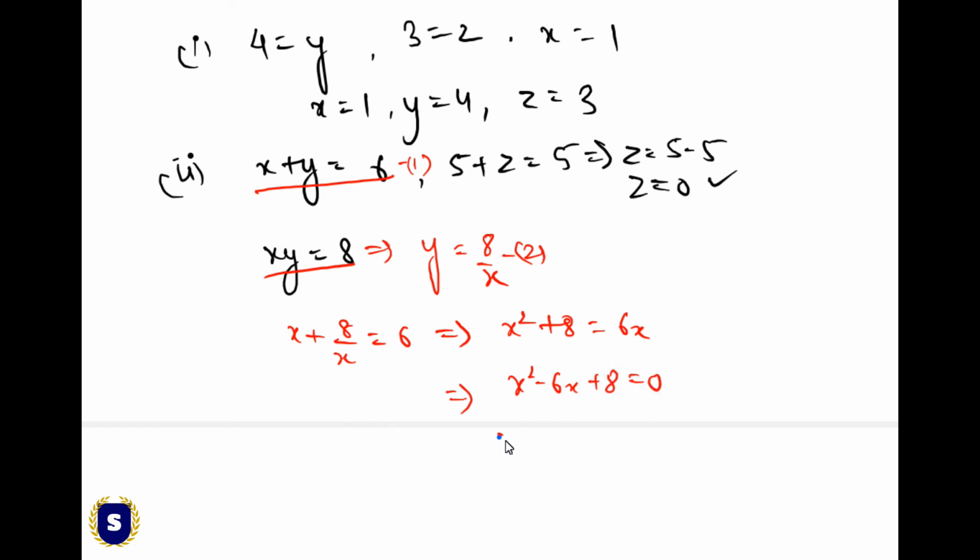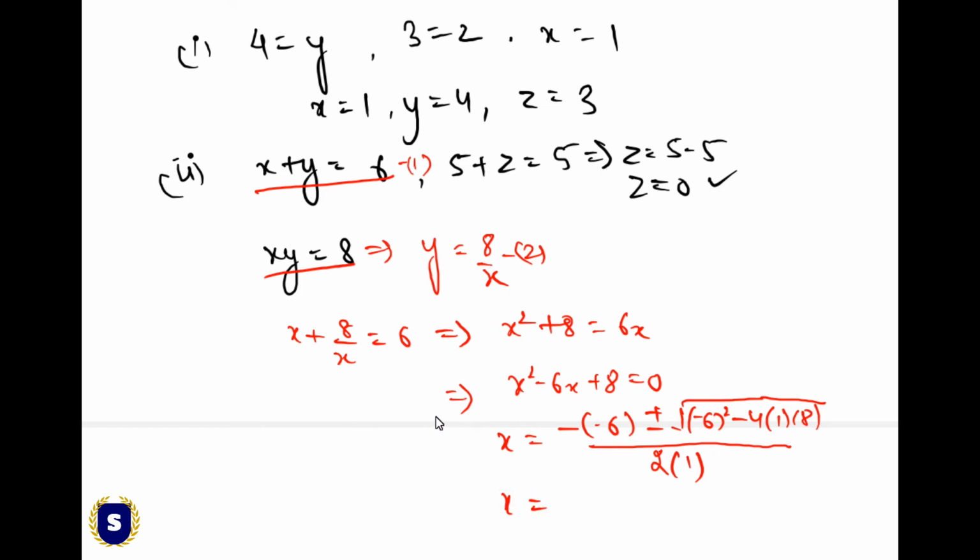Using quadratic formula, x is equal to minus b plus minus under root b square minus 4ac upon 2a. So x is equal to 6 plus minus under root 36 minus 32 upon 2. 6 plus minus under root 4 upon 2.